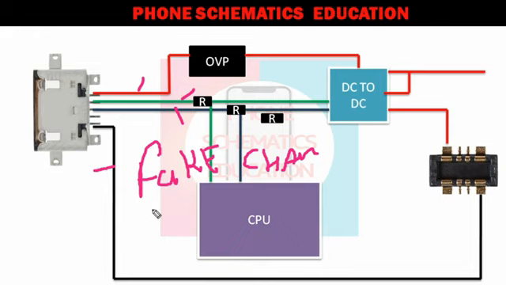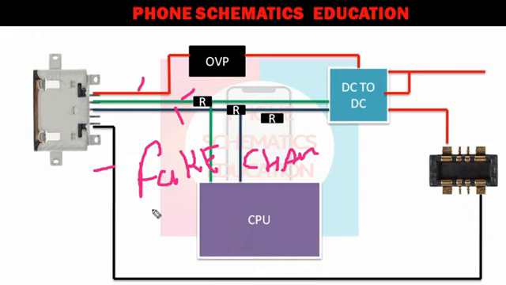So there is only an icon that looks like the phone is charging, but there is no charge to the battery, no current at all. Most of the time this fault appears from these two pins.